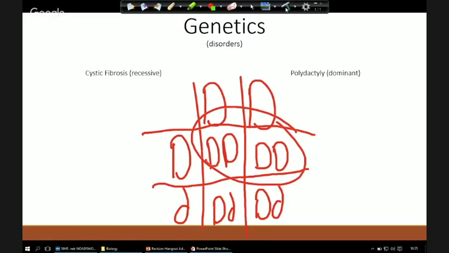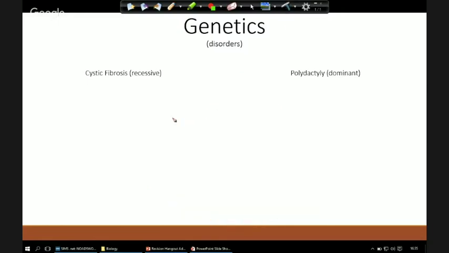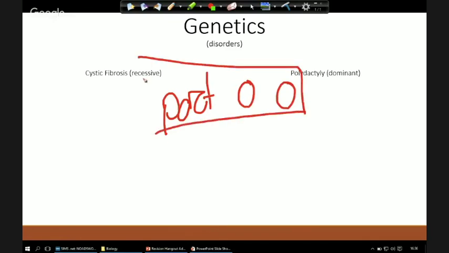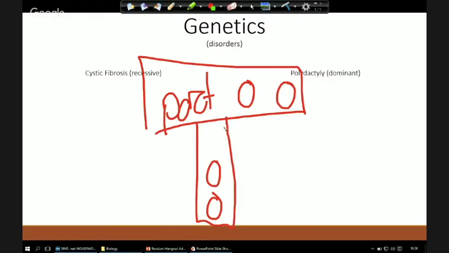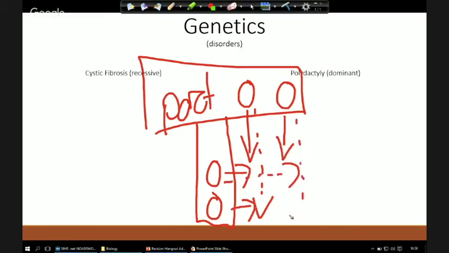So you need to be able to draw Punnett squares. The rules are parent 1 goes along at the top in part 1 and part 2. Parent 2 goes down the side, and you simply cross them up, down and across, down and across, down and across, down and across.